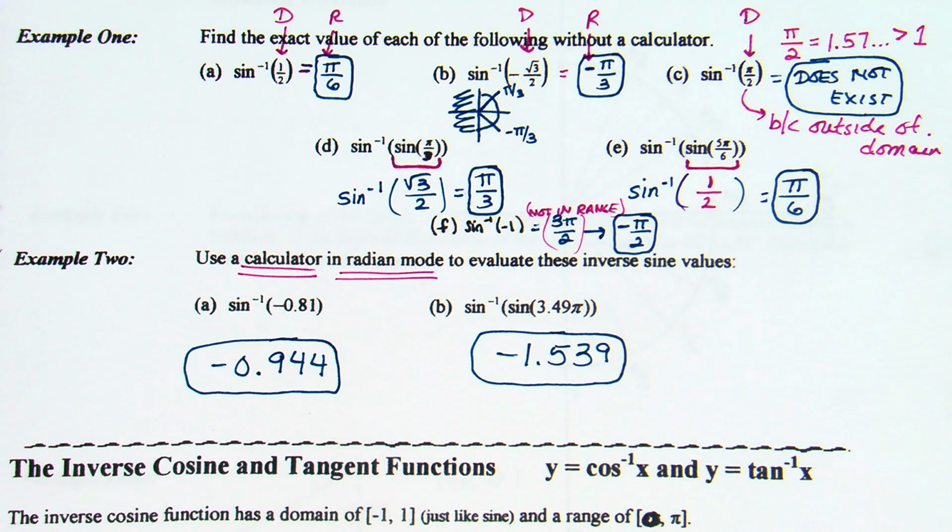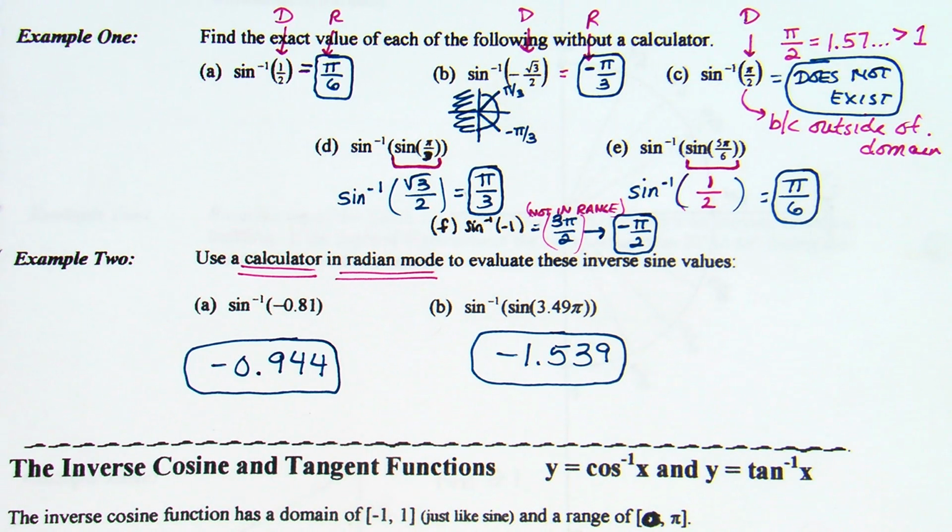What kind of range do we have with sine inverse? It has to be between -π/2 and +π/2, and that is where on our unit circle? The right half of our unit circle. Here, the right half, I'll use my left hand, the right half of the unit circle, yes?